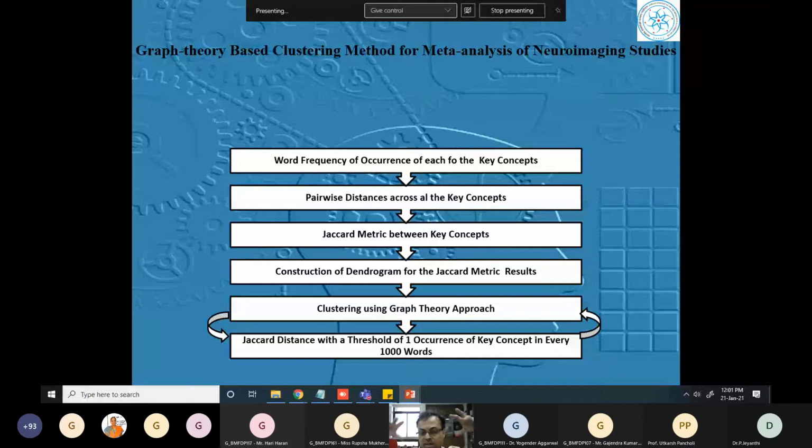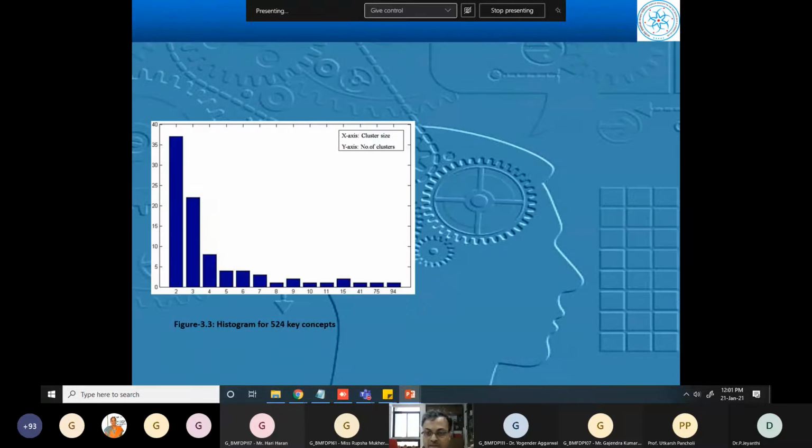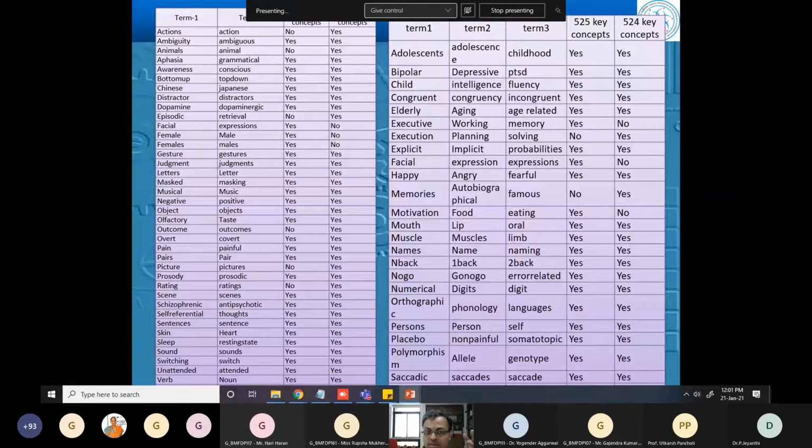It's like creating a graph where the nodes are the key concepts, and an edge is drawn to the closest concept. So we tried to identify which key concepts were related to whom.